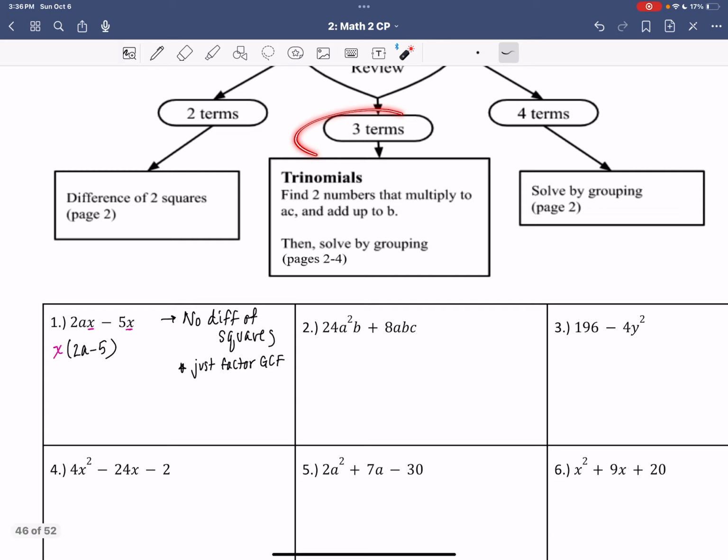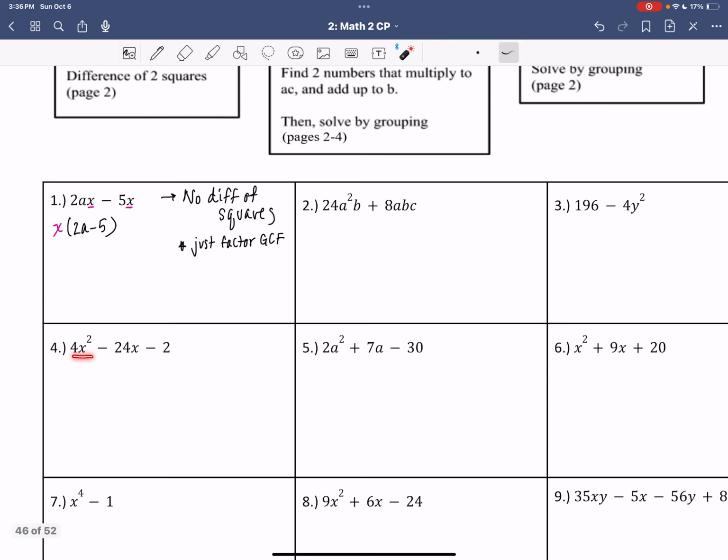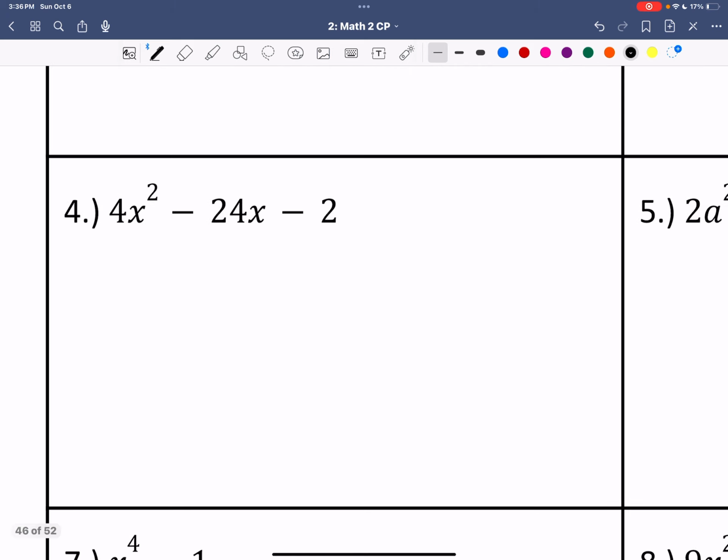So it's got three terms. I've got 1, 2, 3. So since it's set up this way with your x squared, x, and then a c, so your ABC, let's go ahead and let's first ask, is there a GCF? Well, that would be 2.